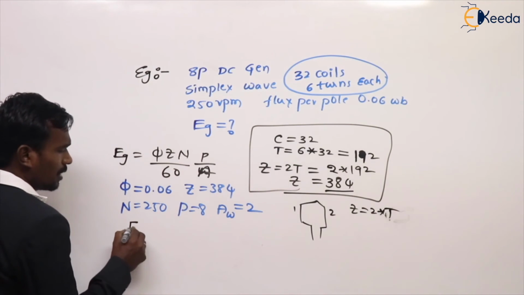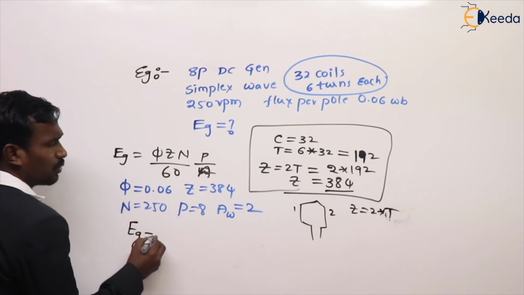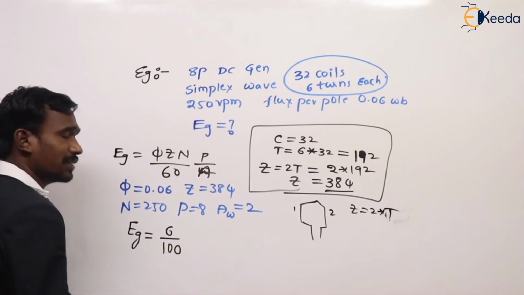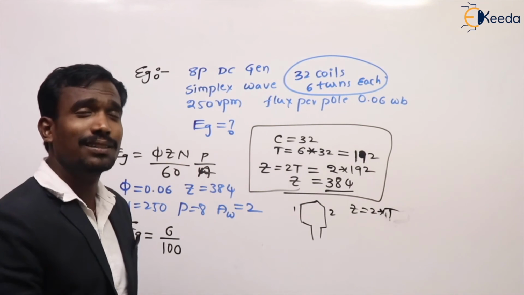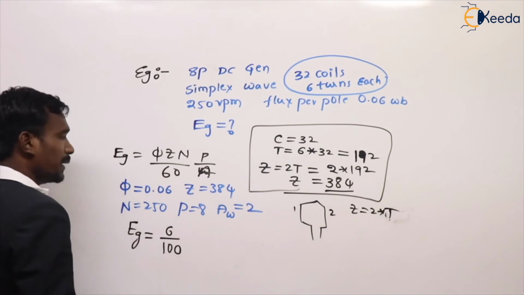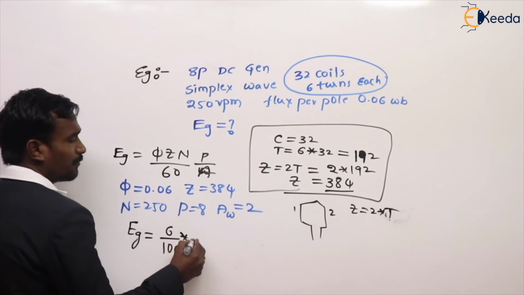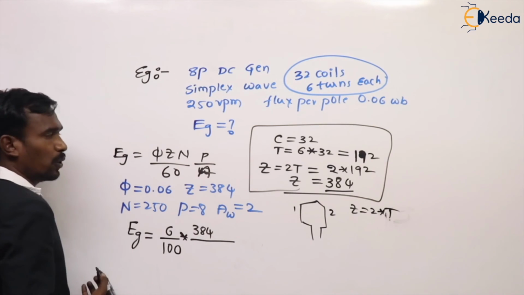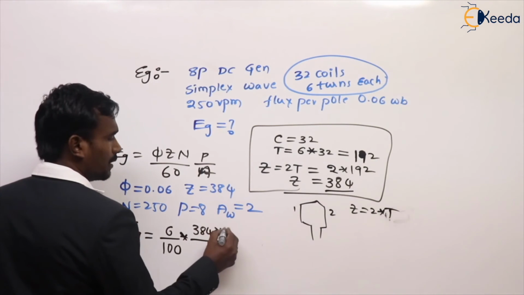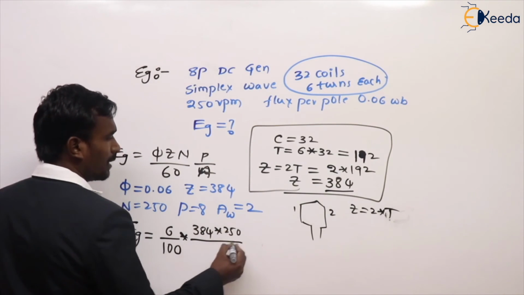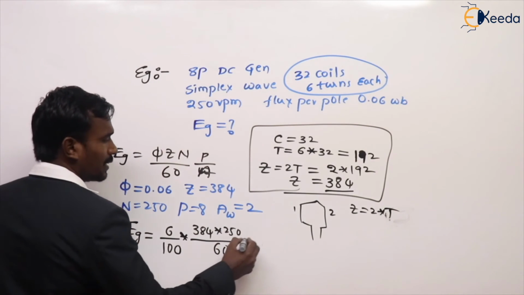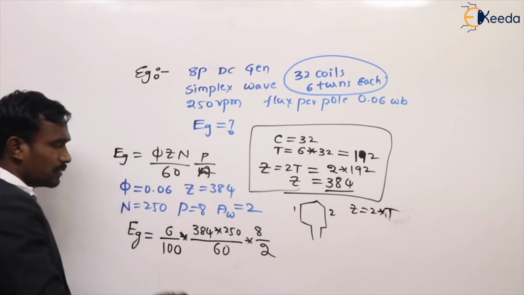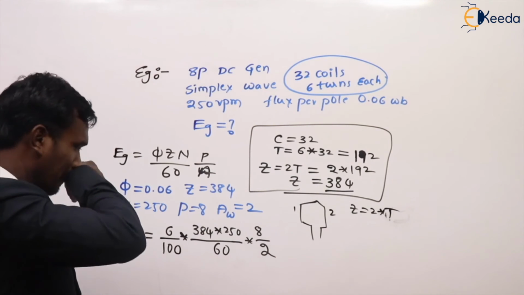The generated EMF Eg is equal to Φ, which is 0.06, so 6 by 100. The number of conductors Z is 384, the speed is 250 rpm by 60, the number of poles is 8, and the number of parallel paths is 2.